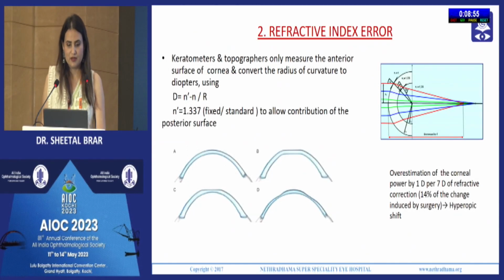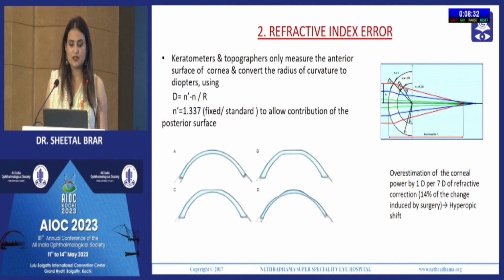Refractive index error. Basically, again, if you use keratometers and topographers only to measure the anterior surface of the cornea, they convert the radius of curvature to diopters using this formula. And the refractive index which is used in this formula is 1.337, which is a fixed refractive index to allow for the contribution of the posterior surface.